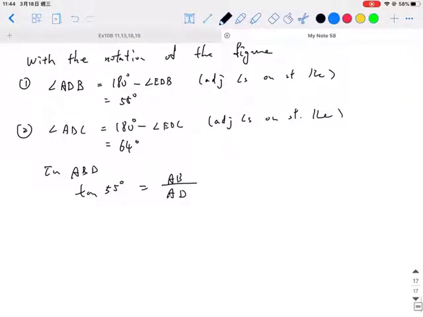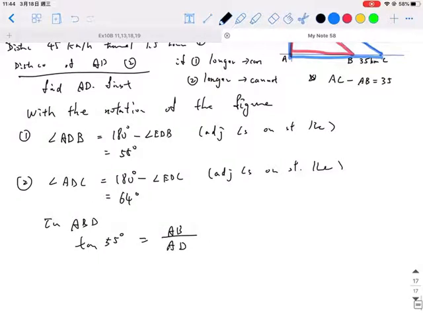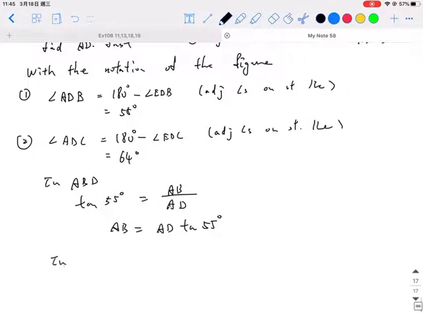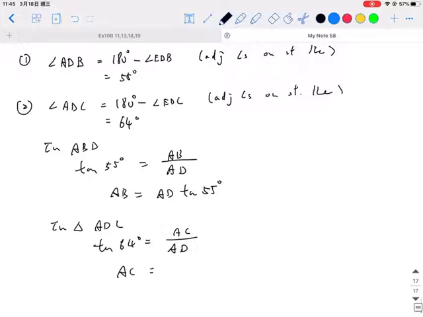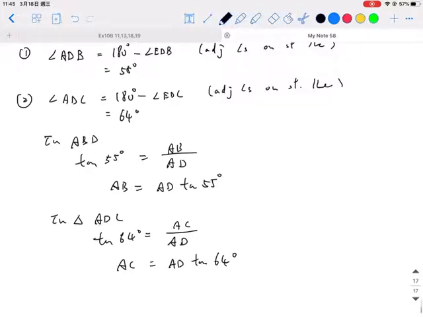So therefore AB is equal to AD tangent 55 degrees. This is the first one. And in the second triangle, blue triangle, in triangle ADC, tangent 64 degrees is equal to AC over AD, and therefore AC is equal to AD times tangent 64 degrees.